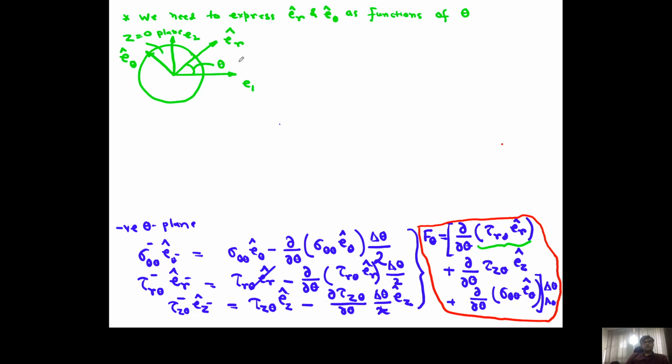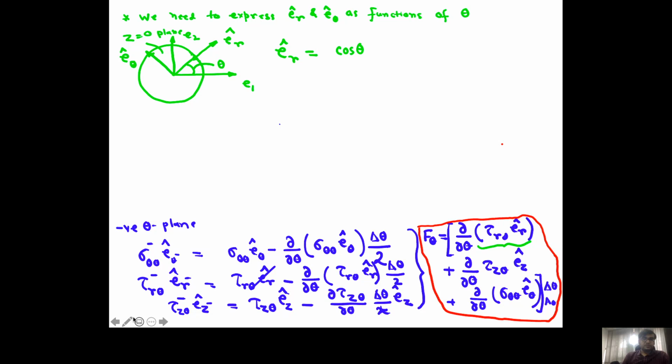Now from this, what is ER actually? Let us see. From this I can write ER, so basically I can use the transformation law, and that will give me ER to be cos theta. So this is the angle between R and E1. So cos theta, right? And the angle between this and the y axis.